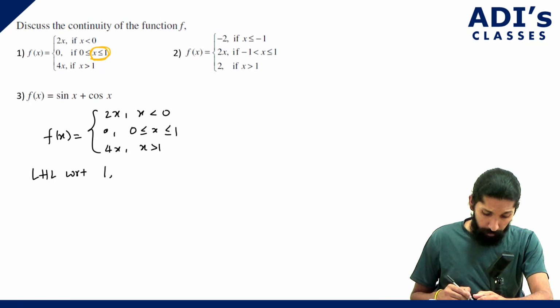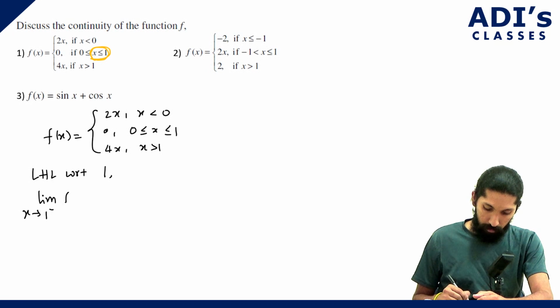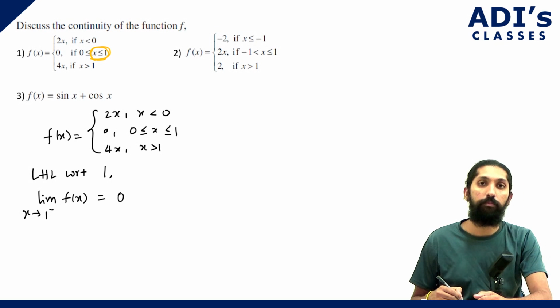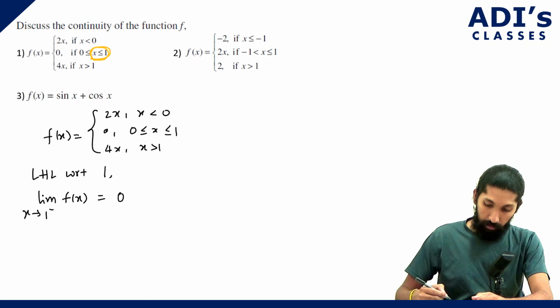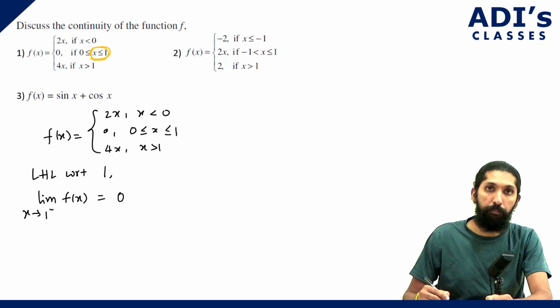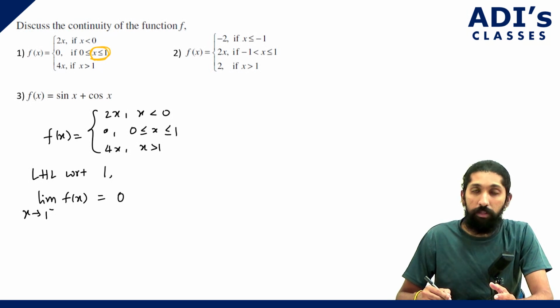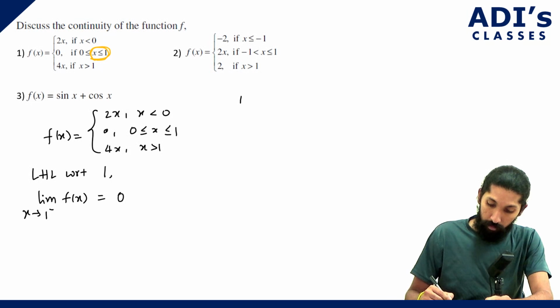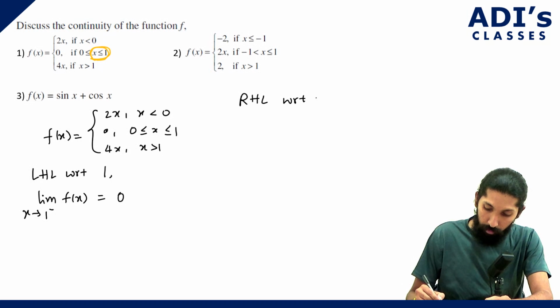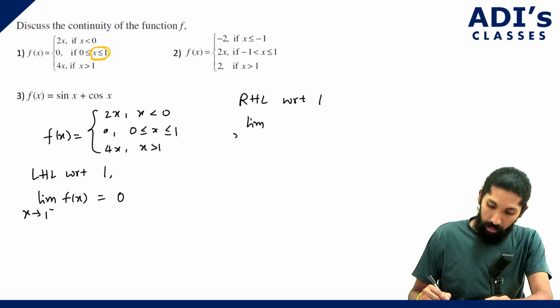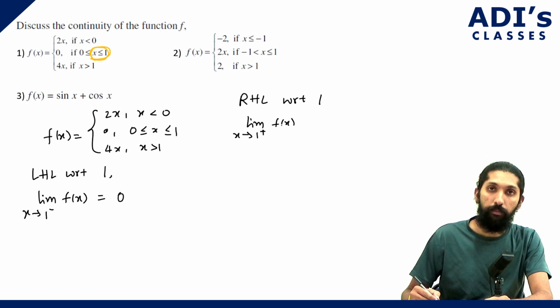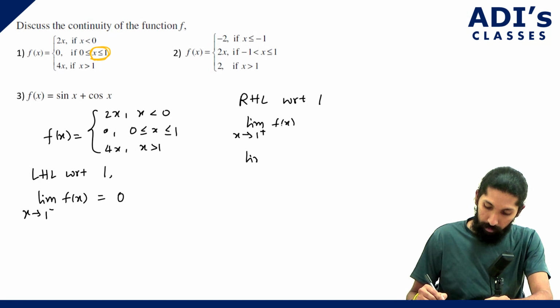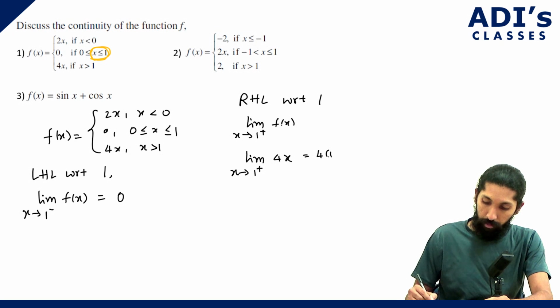So limit as x tending to 1 minus, your f of x value is nothing but 0, correct? Then first we'll do RHL. If it's not equal, then no point in going further, isn't it? So when you do RHL with respect to 1, you have limit as x tending to 1 plus of f of x, isn't it? So you're going to say limit as x tending to 1 plus of 4x, which is 4 into 1, 4.